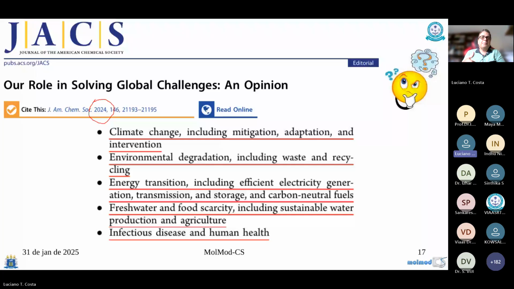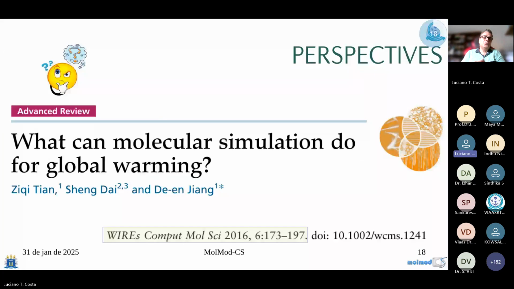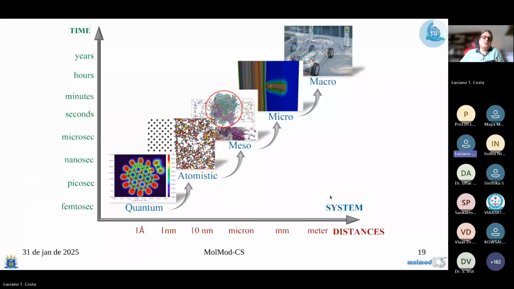But of course, one important tool to work with that is molecular simulation, which can work with global warming, as you can see in this perspective. So our research group is working from the quantum to the macro scale.